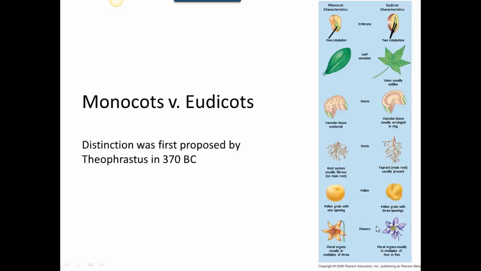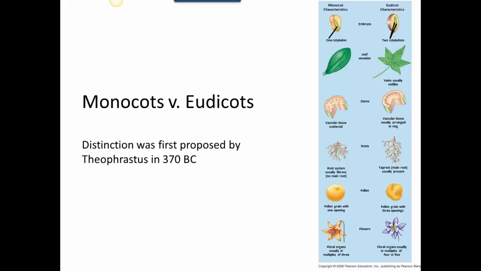So eudicots are plants that the embryos, so when the embryo is in the seed, it has two cotyledons or seed leaves. So if you dissect the seed, you see two tiny leaf-like appendages already in the embryo.